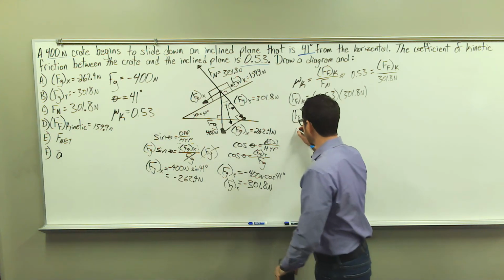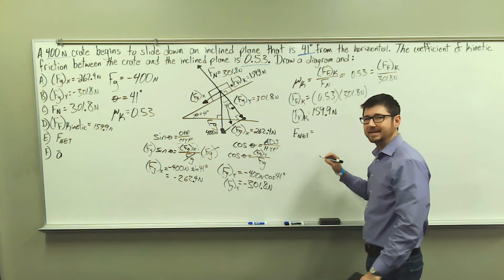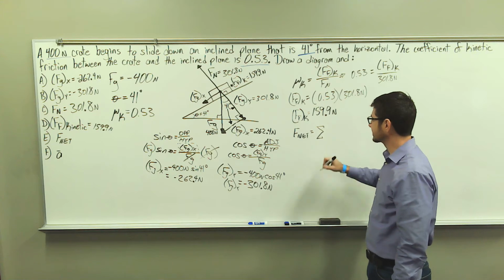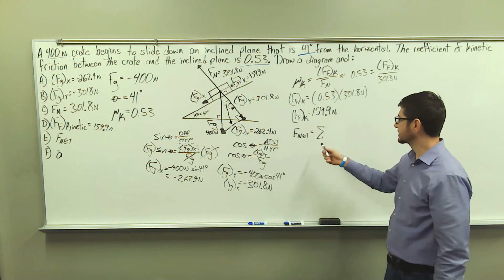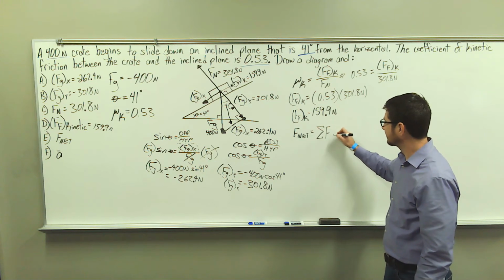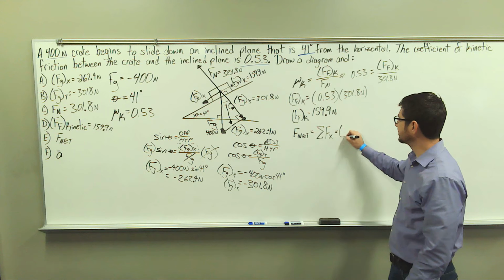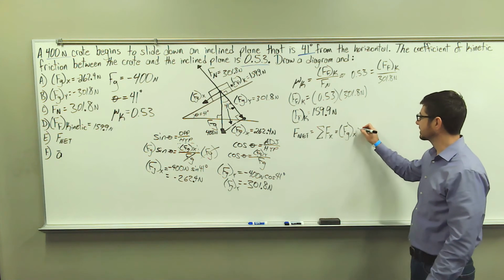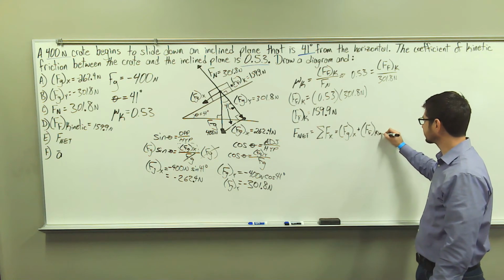So the net force in this case is going to be the sum of the forces. So I'm going to use my capital Greek letter sigma here, sum of, so sigma, forces in the x direction. So this is going to be the weight force in the x direction plus the kinetic friction force.